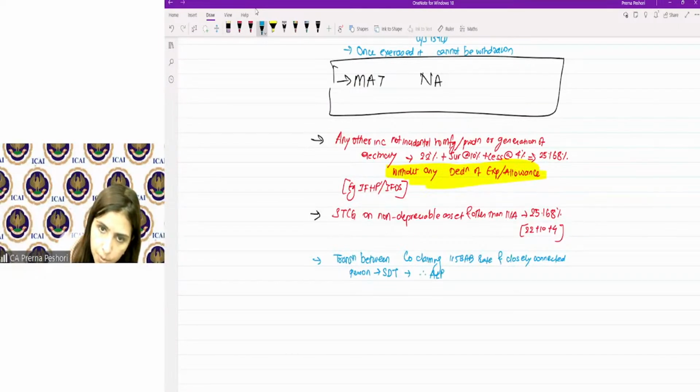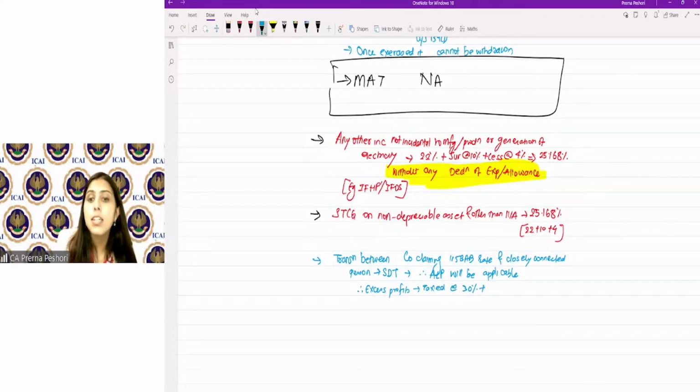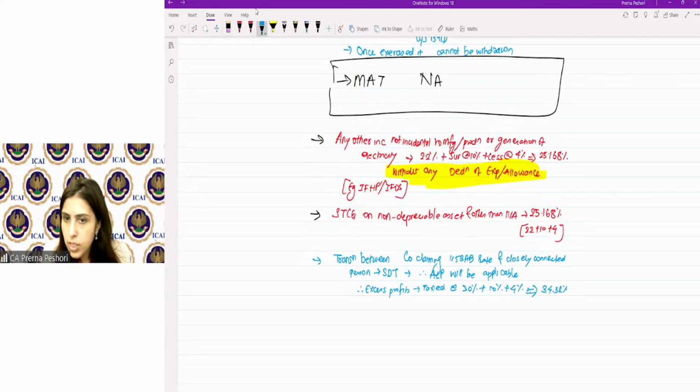Therefore, arm's length price will be applicable. Therefore, excess profits taxed at 30% plus the surcharge will be 10% plus 4%, which is effectively coming to 34.32%. Okay.